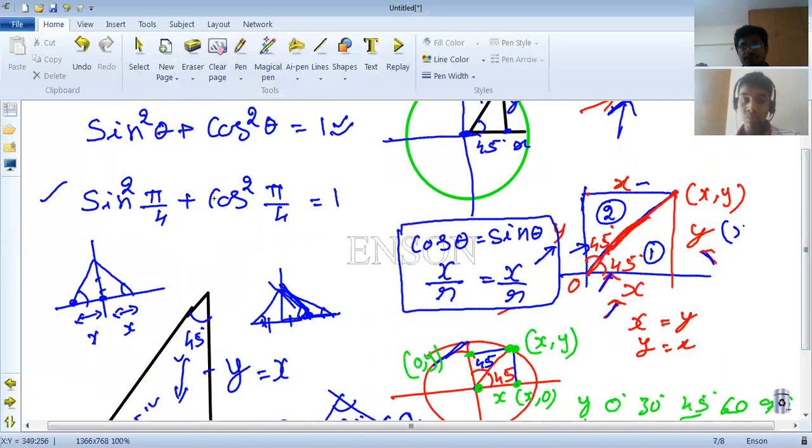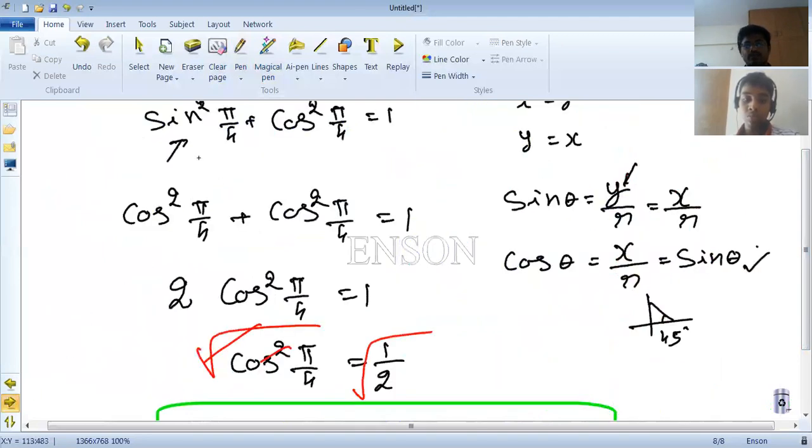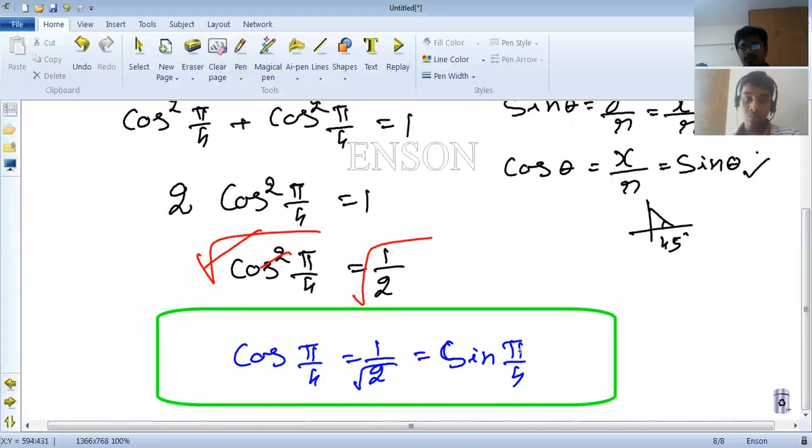Just substitute that pi by 4 in the angle, and sine is equal to cos theta. Already we derived. So cos square pi by 4 plus cos square pi by 4 is equal to 1, and 2 times cos square, which will be 1 by root 2. So sin pi by 4 or cos pi by 4 value will become 1 by root 2.